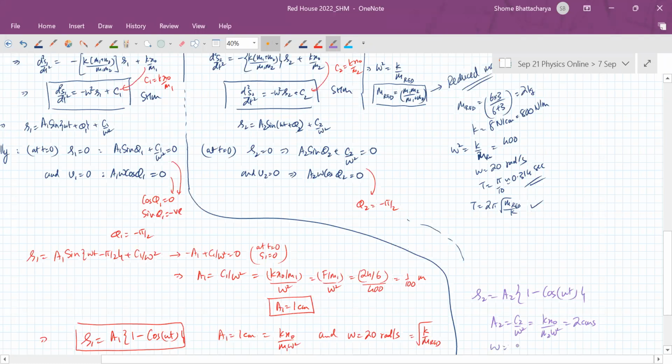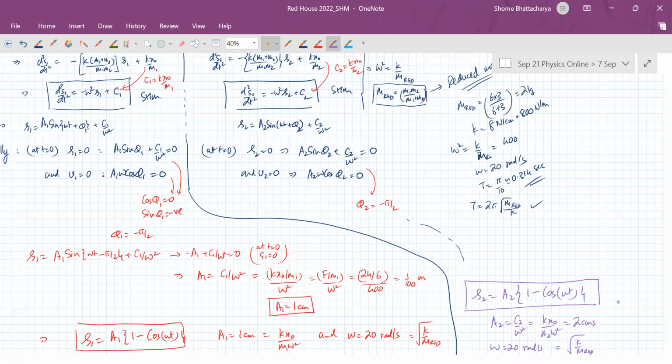And omega is of course the same. You can see that both of them are synchronized SHMs. So they come closest and then move furthest away from the center of mass in a synchronized manner.